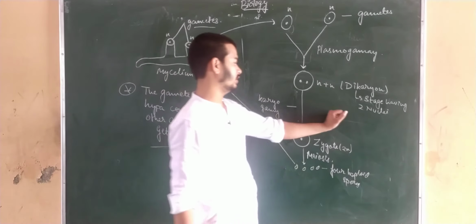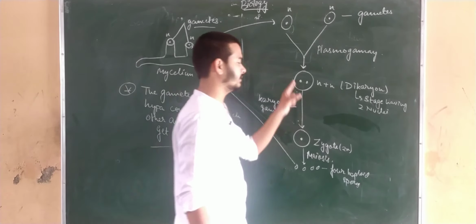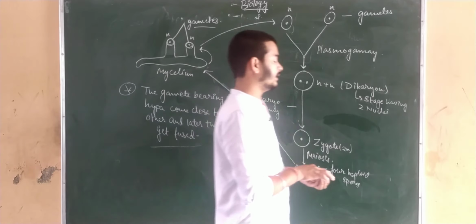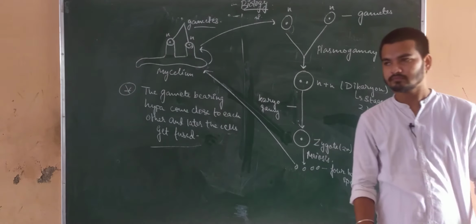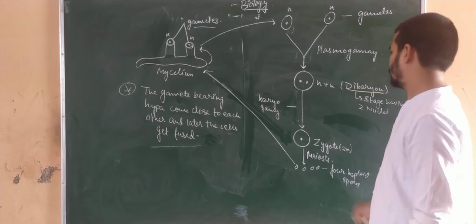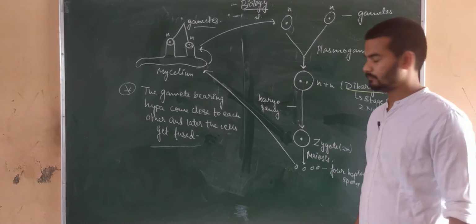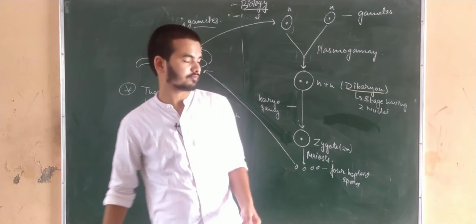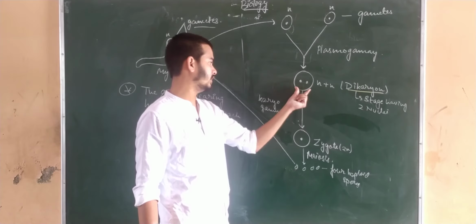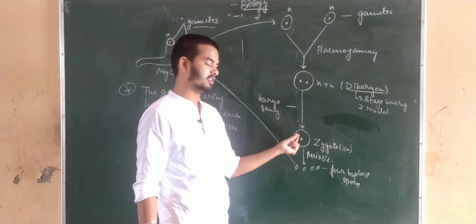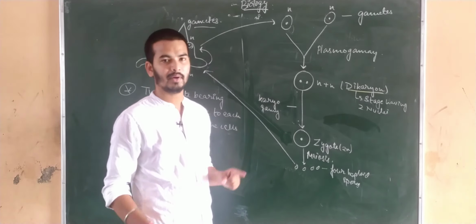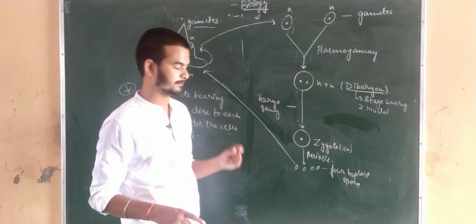Now I have told you that there is some twist in this dikaryon or karyogamy stage. You are seeing here that in dikaryon there are 2 nuclei present in the cell, after this I have told you that the fusion of 2 nuclei takes place, which is known as karyogamy, resulting in the formation of the zygote, but it does not actually happen like this.